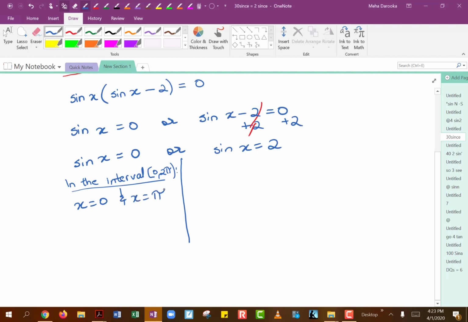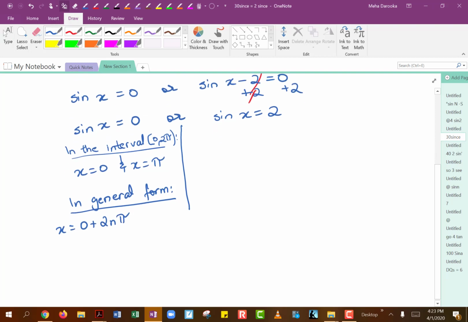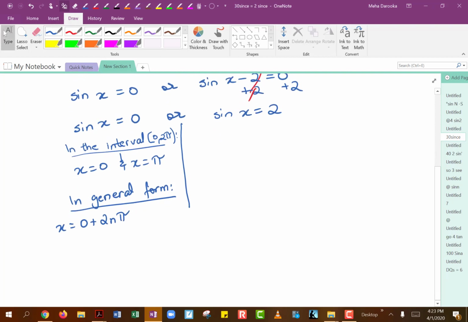If we had to put this in the general form, we would go from x equals 0 plus 2n pi. Remember again, the period of a sine function is 2 pi, and this would be x equals pi plus 2n pi.